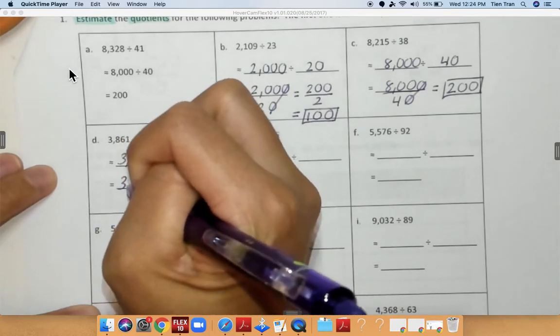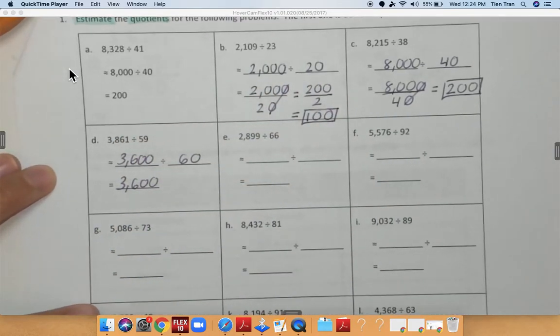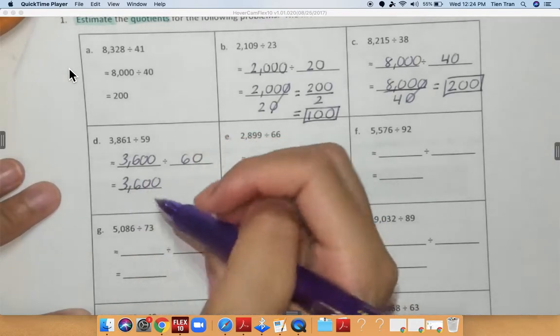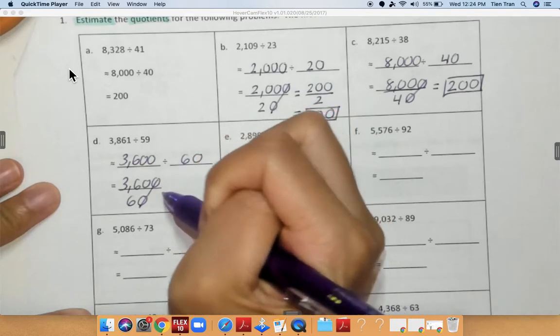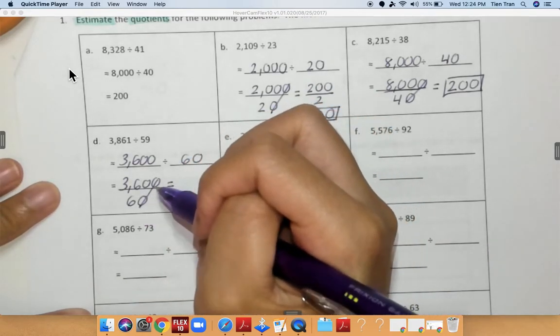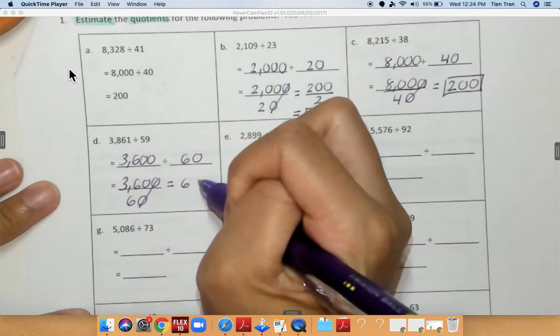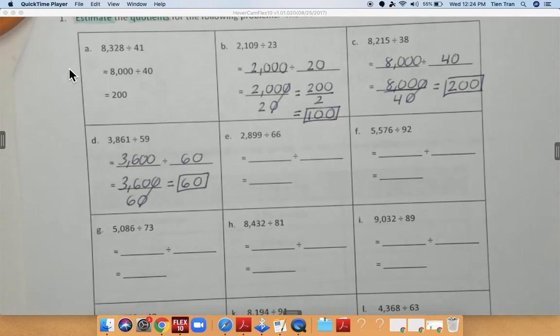So it is easier to divide that number than if I were to leave it at 4,000, right? So I have 3,600 divided by 60. 0 divided by 0 is equal to 0, so I can cross those out. 36 divided by 6 is equal to 6, and my 0, so my final answer is equal to 60.